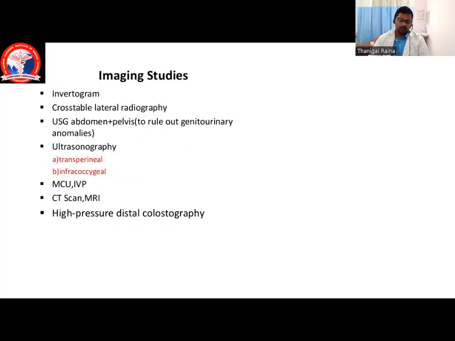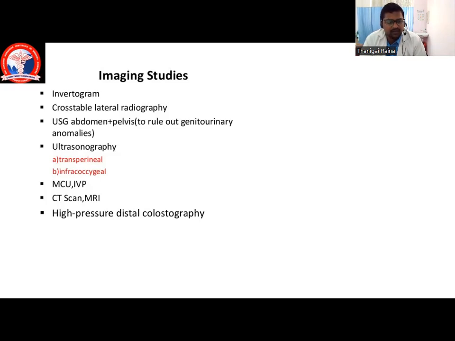So coming to the imaging studies we can do to evaluate what type of defect the baby is having. First is invertogram, cross table lateral radiography, USG abdomen and pelvis to rule out genitourinary anomalies, transperineal infracoccygeal ultrasonography, micturating cystourethrography, intravenous pyelography, CT scan, MRI, and high pressure distal colostography.